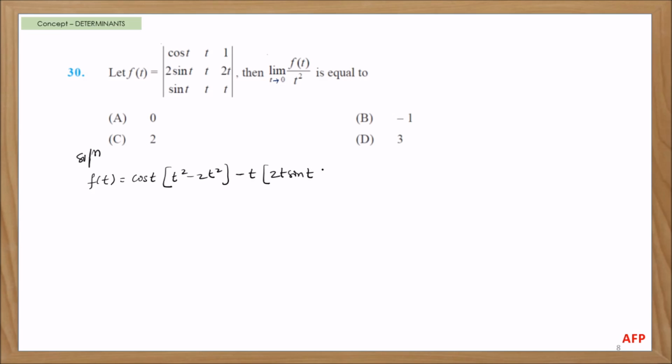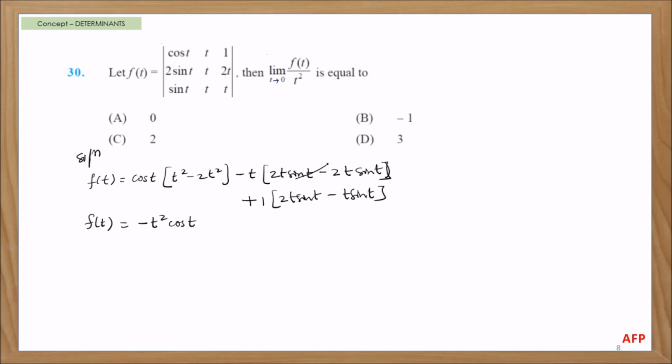Okay, so minus 2t sin t. Plus, next third one, plus 1, 2t sin t minus t sin t. If I take it in sum, so minus t square you got.